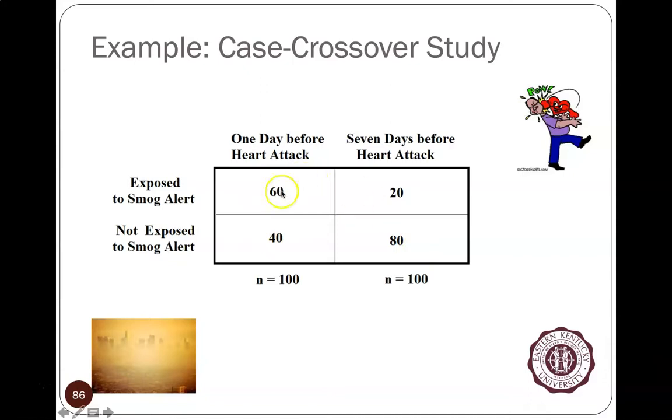Here, smog alert days for both days. Here, no smog alert. You can then do the cross product ratio or the odds ratio and do 60 times 80. Get your 4,800, divide it by 20 times 40 over 800, get the odds ratio of 6.0.